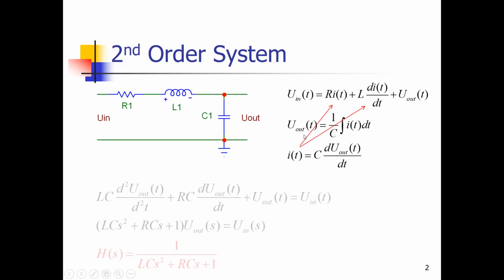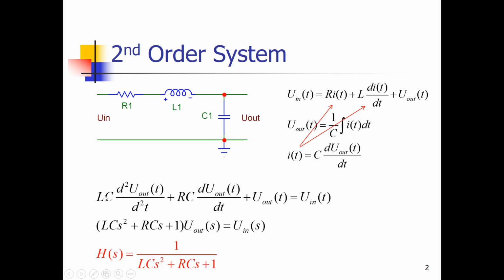And then we get this formula: LC times the double derivative of U out, that's this part, L times di/dt, L times C times di/dt, plus RC times dU out/dt, so R times C times the derivative of U out, which is R times the I over here, so replace the I by this expression, plus U out, which is this part of the expression, equals U in.